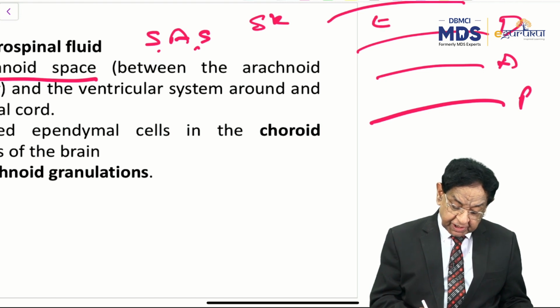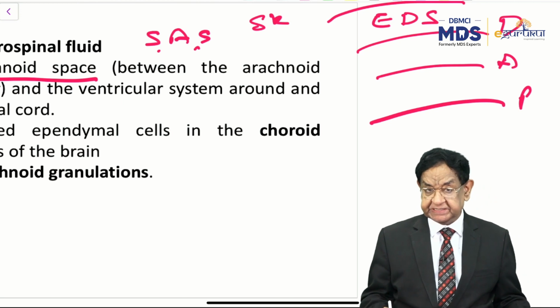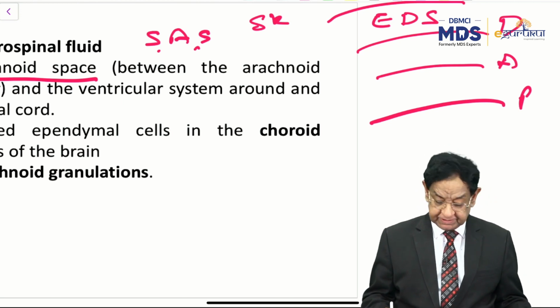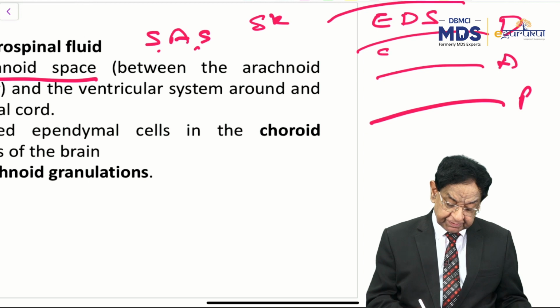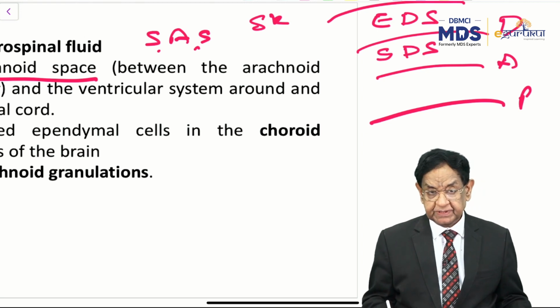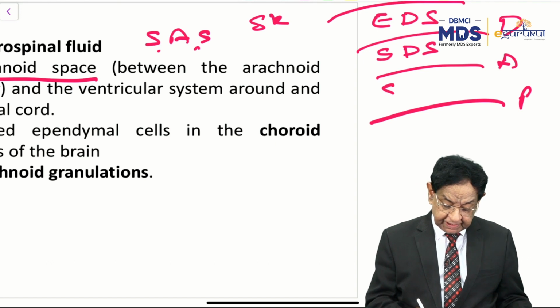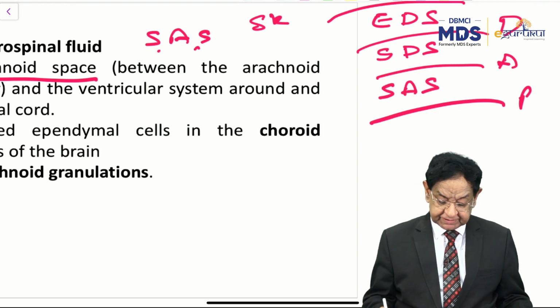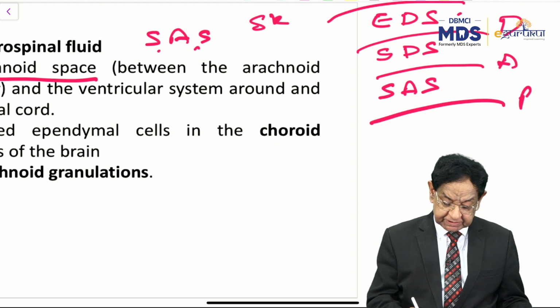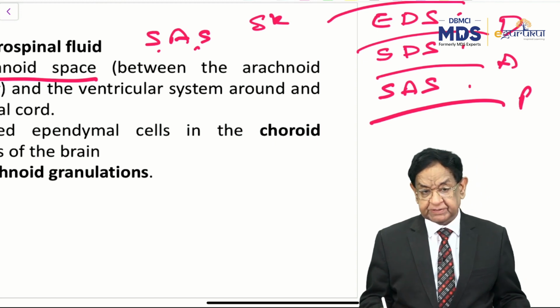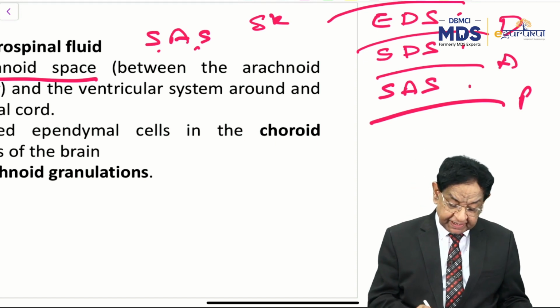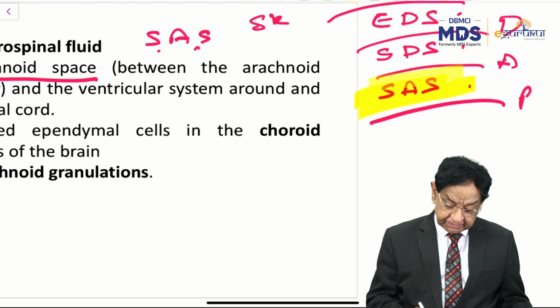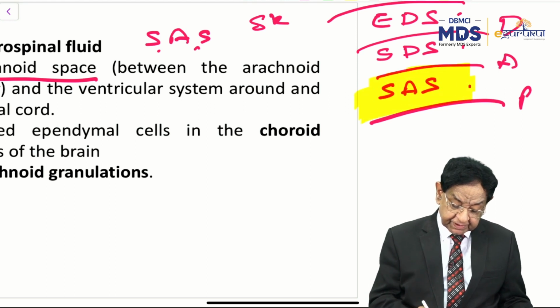This is the extradural space, EDS, this is the subdural space, and this is the subarachnoid space. CSF lies in this place, subarachnoid space.